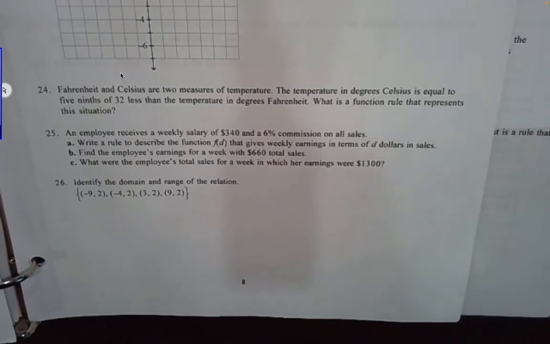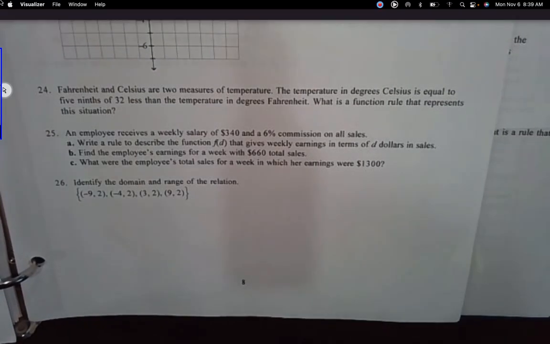Okay, 24, it says just function rule. So it says the temperature in degrees Celsius is equal to, so what would I write for Celsius? C is equal to, all right, 5 ninths of. So I'm going to write 5 ninths. What does of mean? Multiplying. But it's multiplying by several things. So when it lists several things I'm multiplying by, use parentheses.